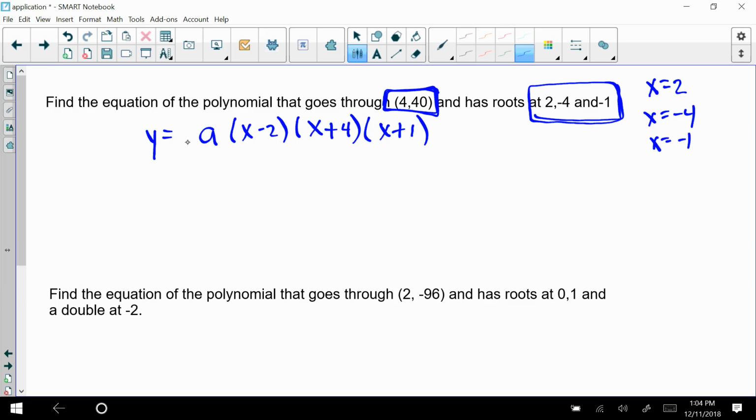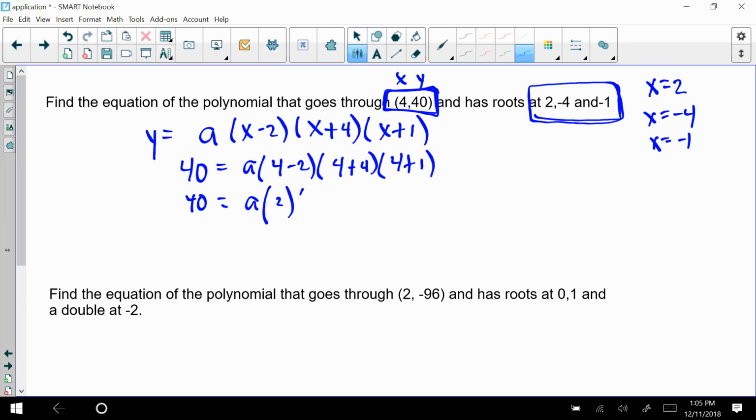So once I have all of this written out and I put a in my problem, I can start to solve for a. x is 4, y is 40, so I have 40 equals a times (4 minus 2)(4 plus 4)(4 plus 1). Now remember, your PEMDAS says do all the parentheses first, so I have 2, 8, and 5.